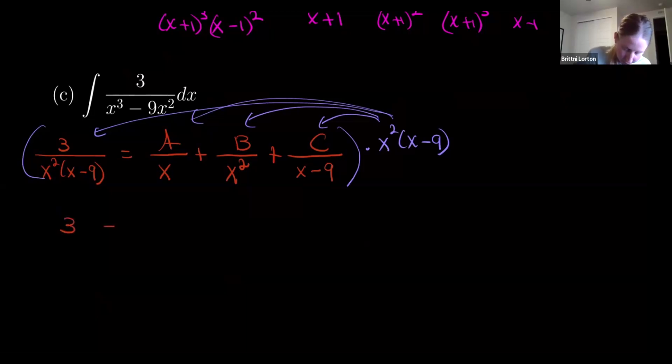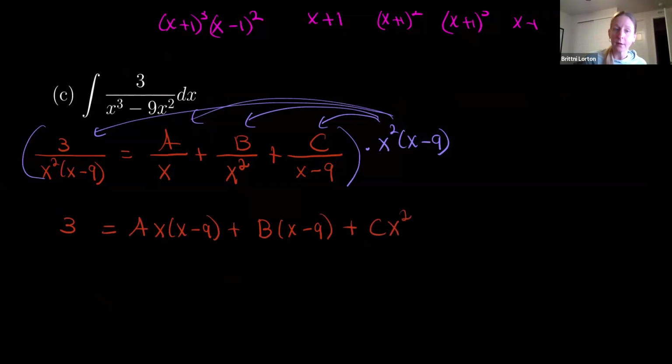Everything canceled, and I got a 3. Over here, one of the x's canceled, but the other one did not. So I have an Ax and an x minus 9. And then over here, both of the x's canceled. So I have a B times x minus 9. And then over here, the x minus 9 canceled. So I have a C times x squared.